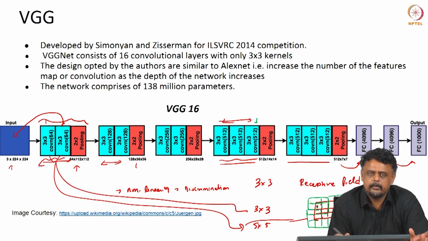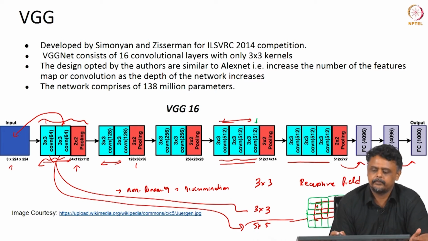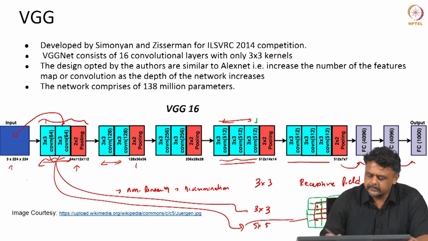In many cases it is desirable to have a larger receptive field, so that you get more of the context in the image into your activation maps. But using a much larger convolution means that the number of computations increase. So, one advantage of using a succession of 3 by 3 convolution layers, instead of just using a filter with a larger receptive field, is the savings in the number of parameters.